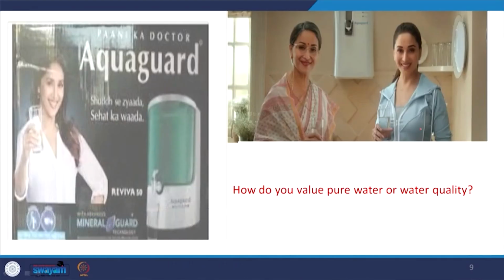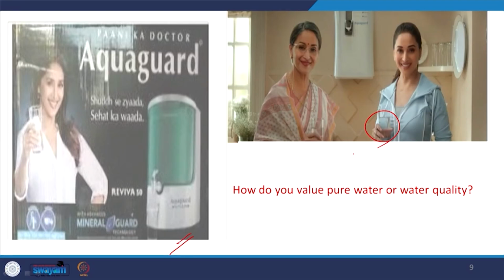That is why you explore mechanisms available in the market. Let us say this is Aquaguard. After looking at these two pictures, the importance of Aquaguard and the importance of pure drinking water, you can have these questions in your mind.